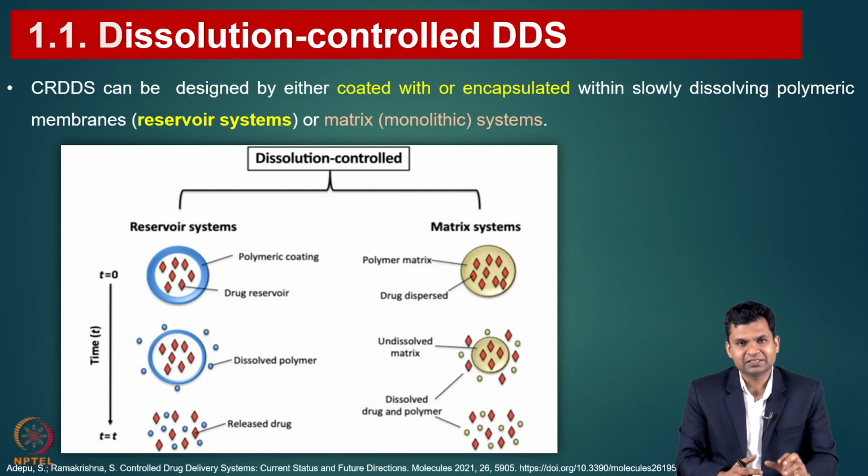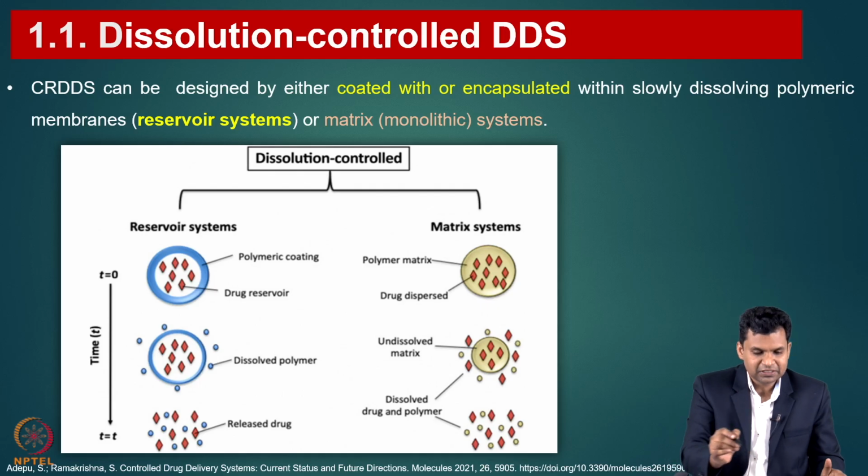To maintain that, the drugs need to be encapsulated or held in a reservoir system. Here we have seen the dissolution control systems, the diffusion control systems, and the dissolution and diffusion control drug delivery systems.